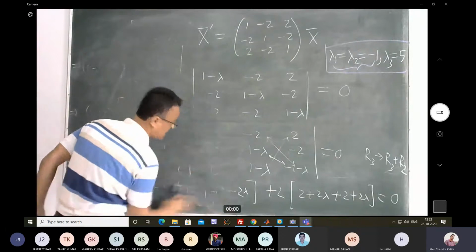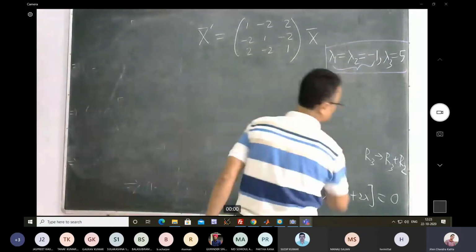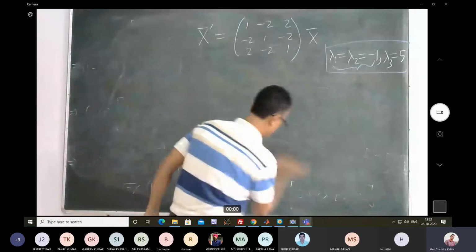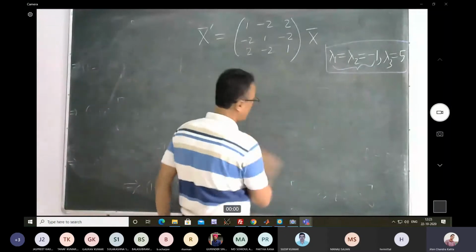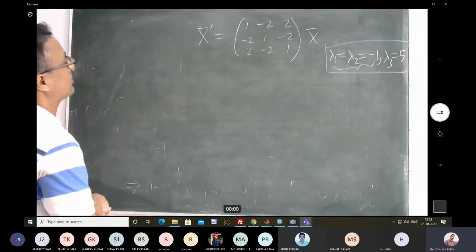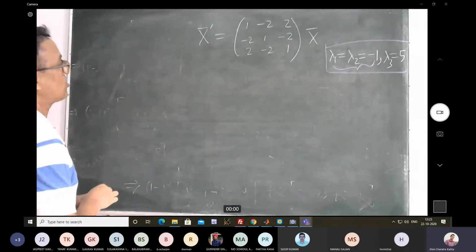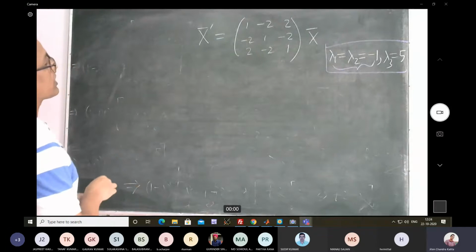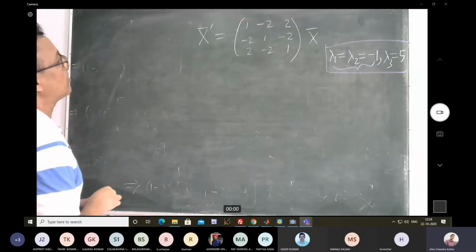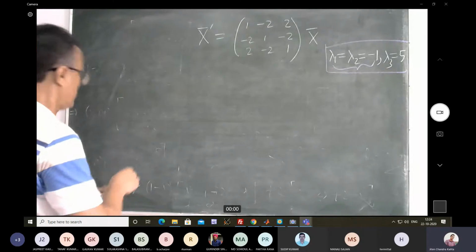So now, okay, fine. See, now let us try to find out what is the eigenvector or eigenvectors corresponding to the value of lambda 1 equal to lambda 2 equal to minus 1. Okay.